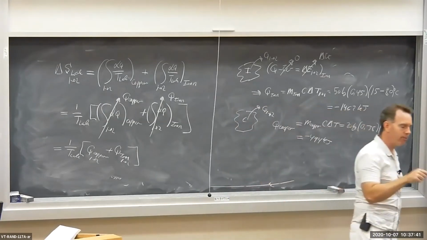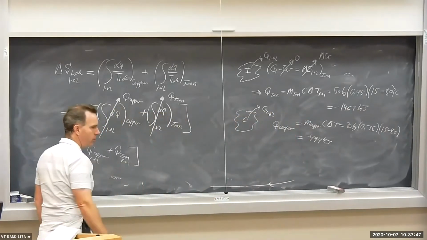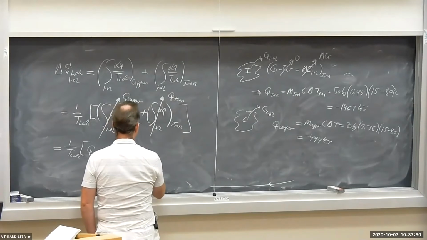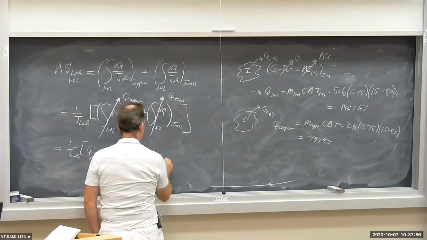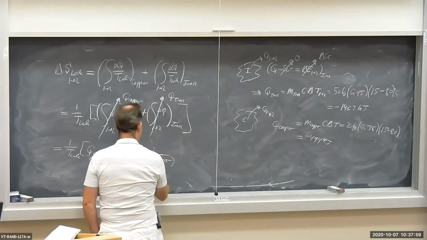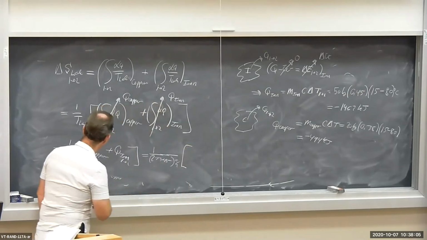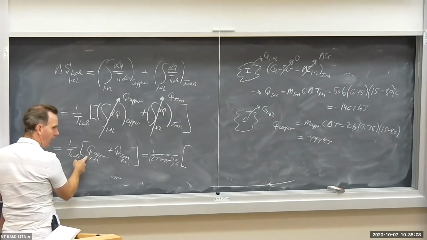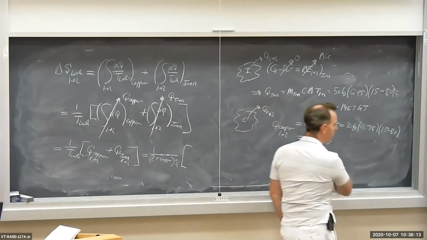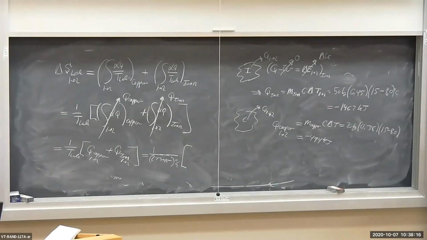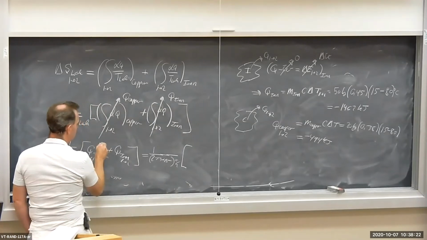Remember, what's being rejected from the copper and the iron is being added to the H2O. So T lake is 273 plus 15 degrees C. So this will all have units of Kelvin. So I'm going to put in positive Q copper because this is heat rejection from the copper, which is being added to the lake. So this is to the lake here.